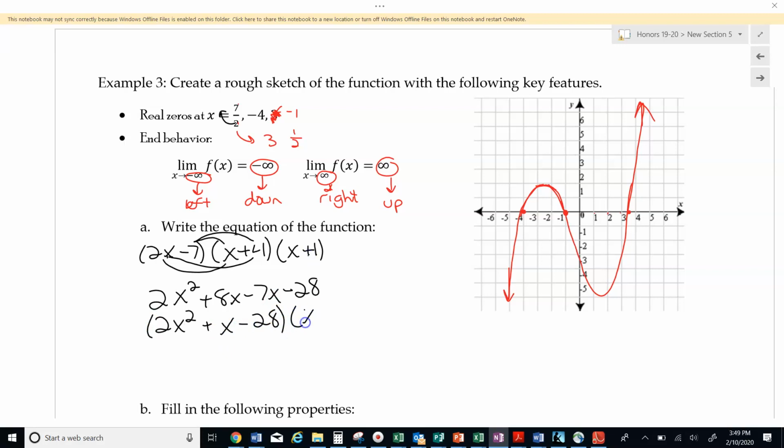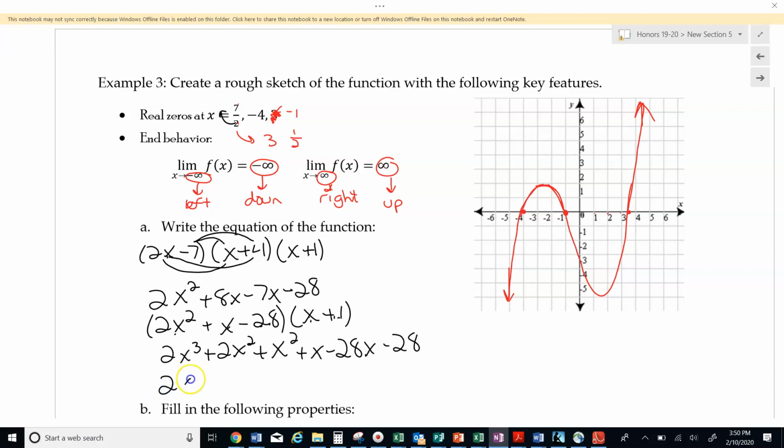Bringing this part down. 2x squared times x is 2x cubed. 2x squared times 1 is 2x squared. X times x is x squared. X times 1 is x. Negative 28 times x is negative 28x. Negative 28 times 1 is negative 28.